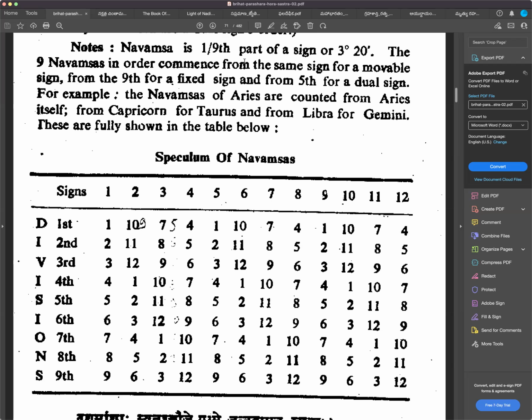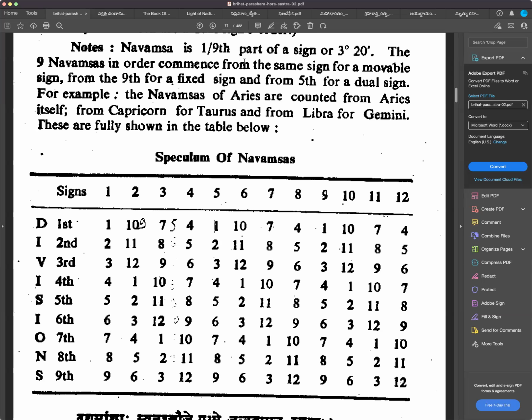Also, the Navamsha we call Dharmamsha in Sanskrit. Dharmamsha means it's related to your righteousness, how you follow dharma in life. When you come to dharma, it denotes Atmakaraka, because of what type of life you brought from your previous life.